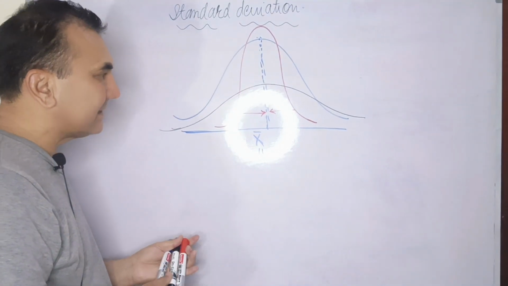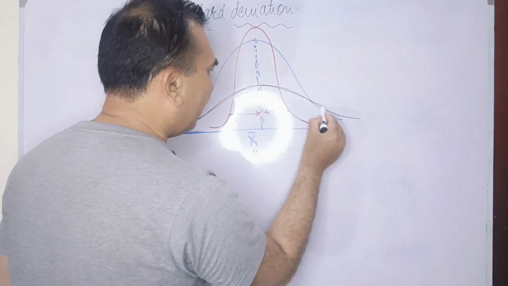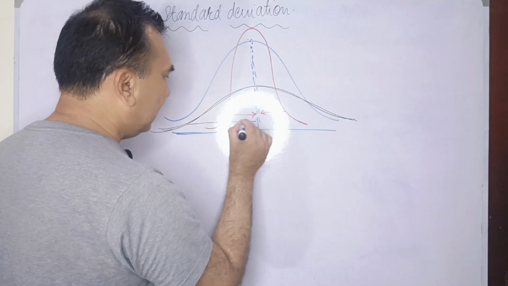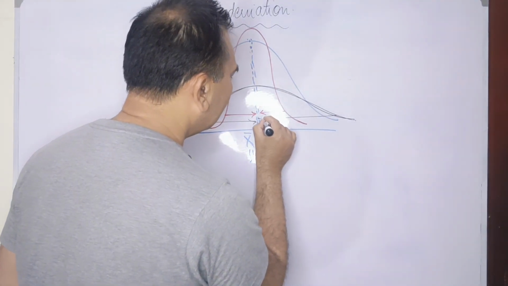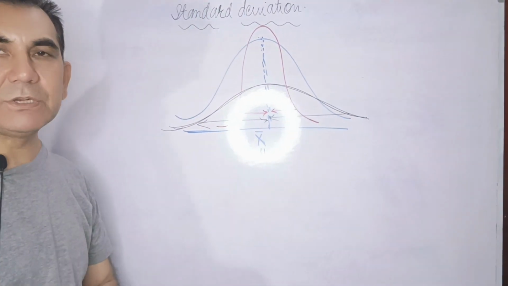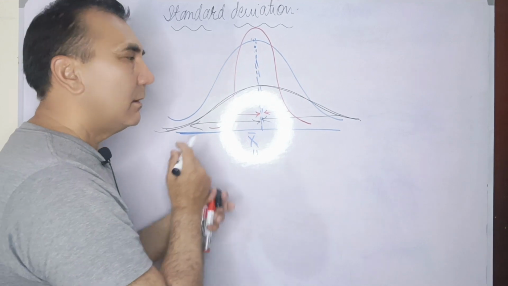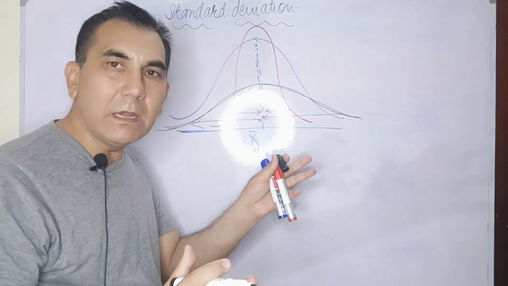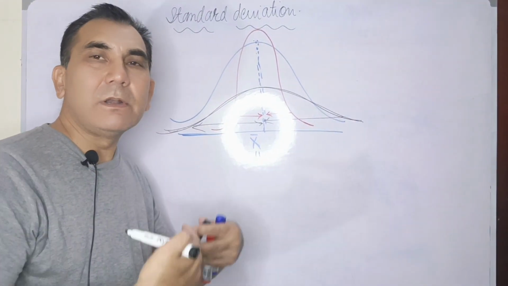Now see the example of the black line. Here the variation among the black data is very wide from the mean. It means in that data set the dispersion and the variability is much higher in relation to the mean.